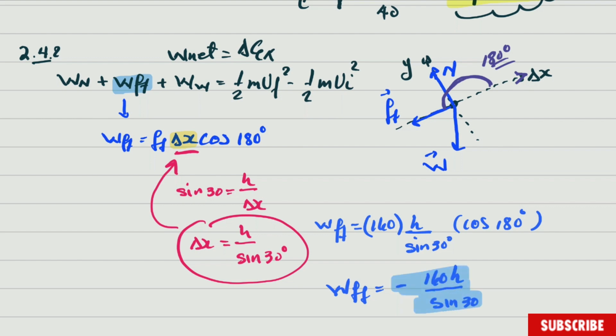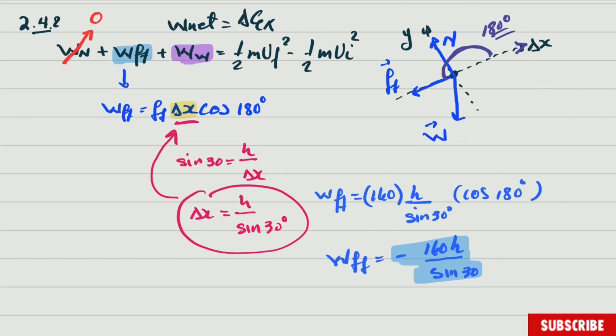Now, let's go to the work done by weight. But before we go to weight, let's get rid of the work done by normal. You know it's 0 because the angle is 90 degrees. So we're going back to the work done by weight. Now here, what is the angle between displacement and weight? The angle will be this one here.